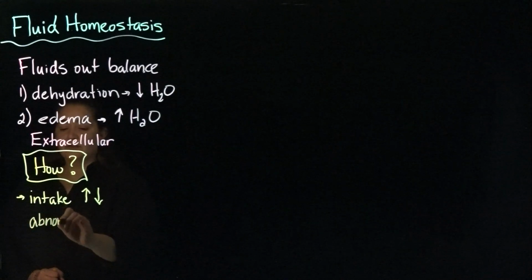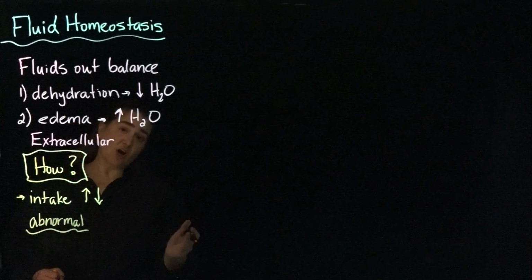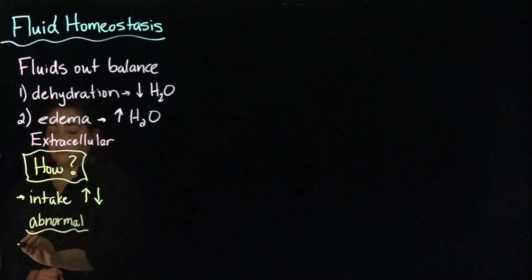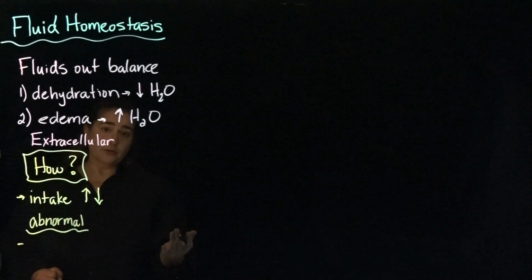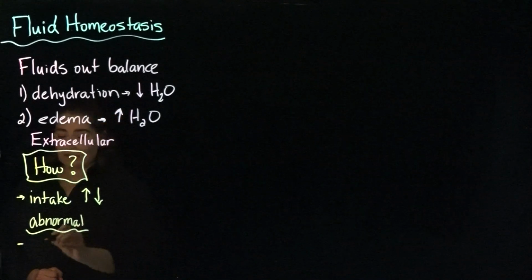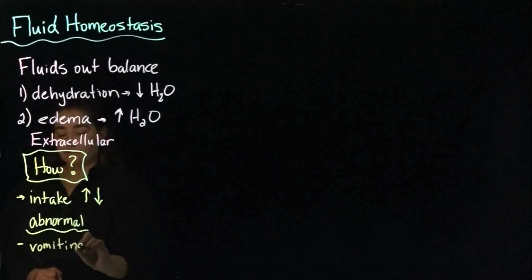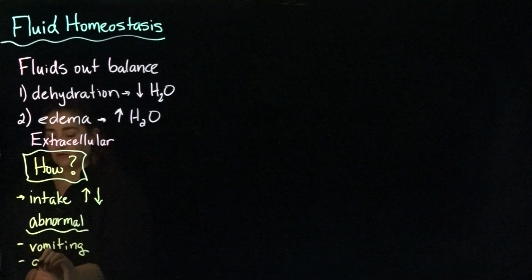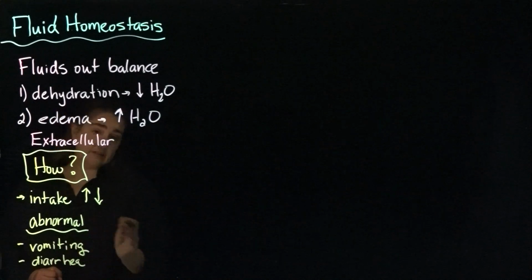You can also have abnormal fluid loss from the body, all right? So primarily where we're talking about abnormal fluid loss is going to be associated with the digestive system, either through vomiting, or if we go to the other end with diarrhea.